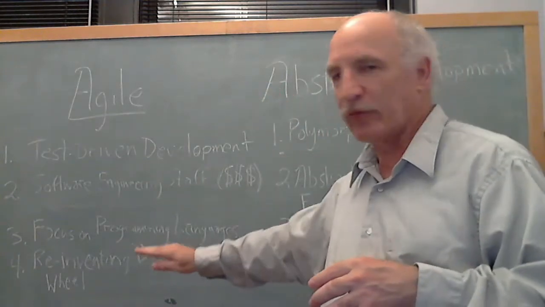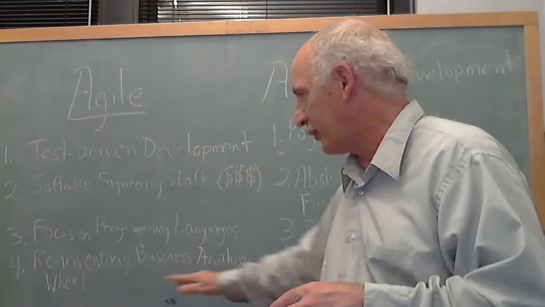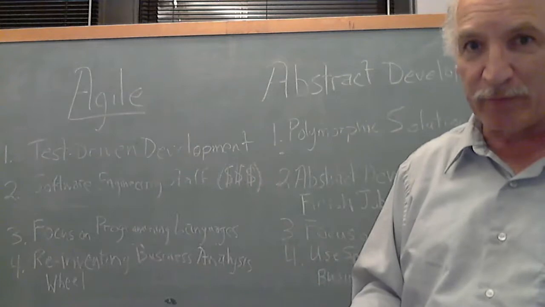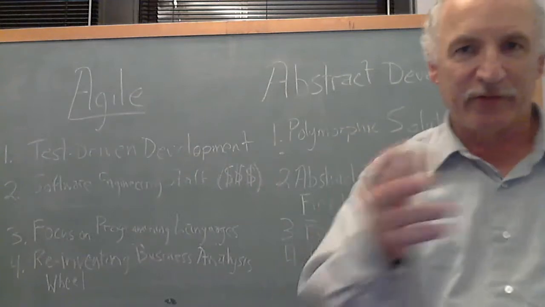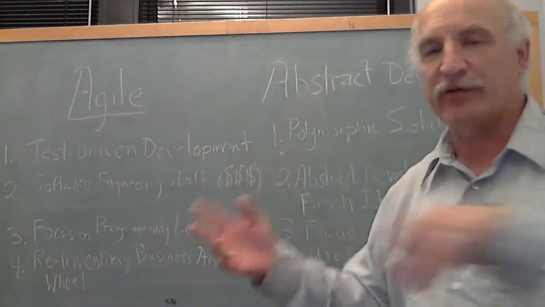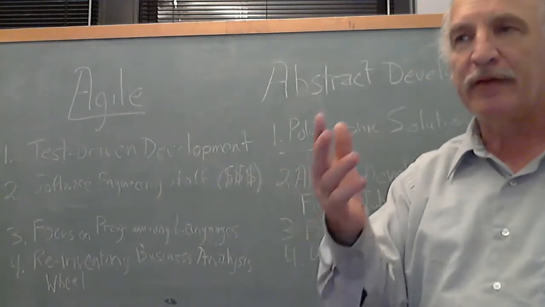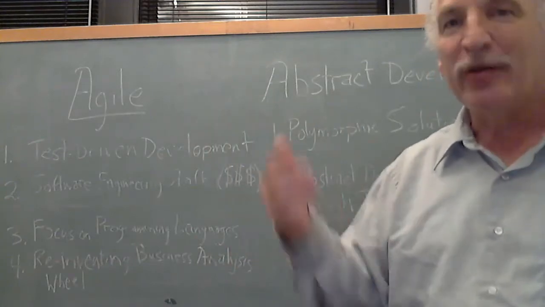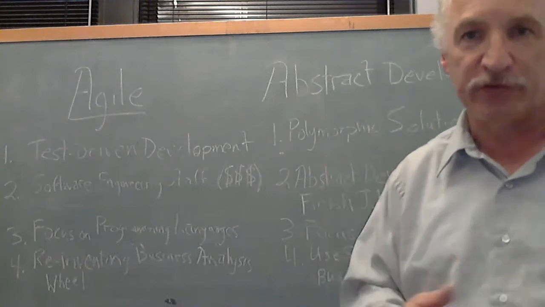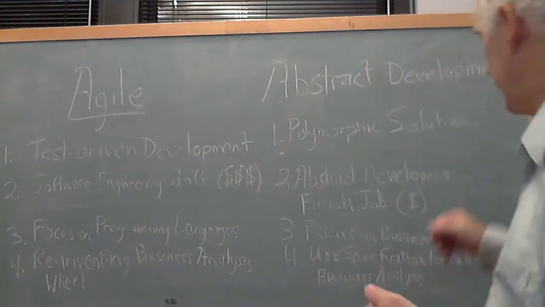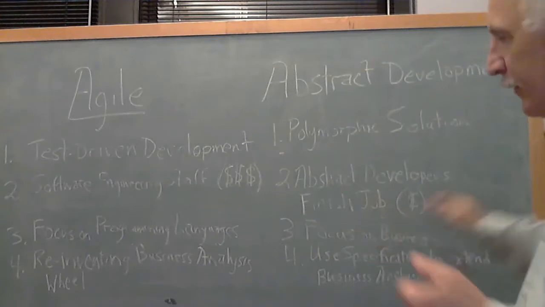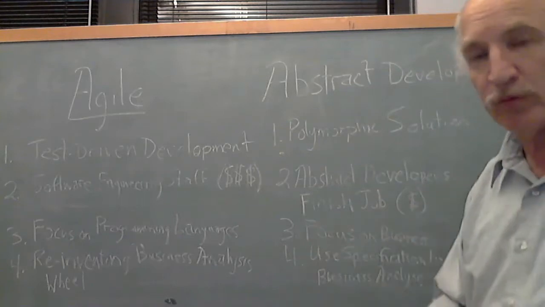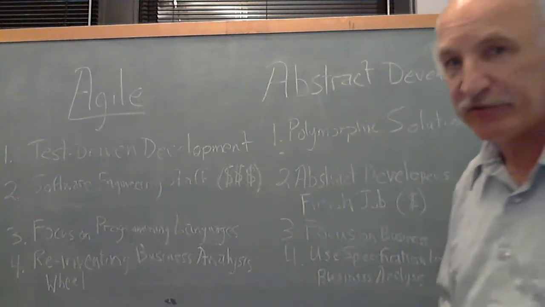Agile, they're reinventing the business analysis wheel. Every time they're coming back to the same problem. They're dealing with one aspect of it, another aspect of it. It's not brought together. However much they may claim they brought it together by bringing various people together, they're not thinking through a complete solution. With abstract development, you get that done up front, so that this tool, this system, is handed over to the business.